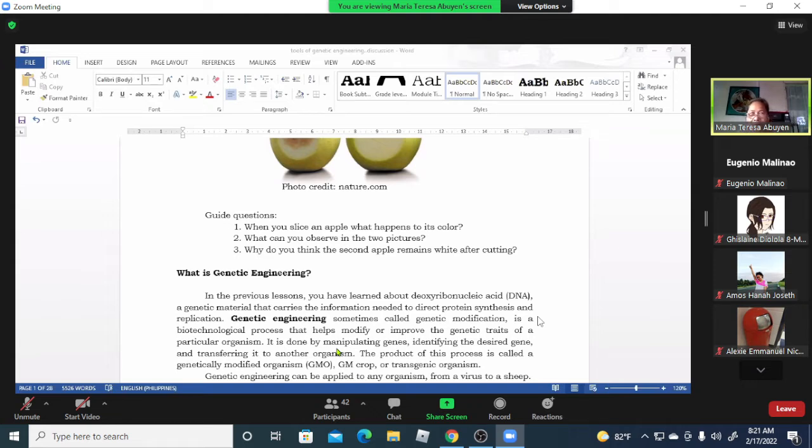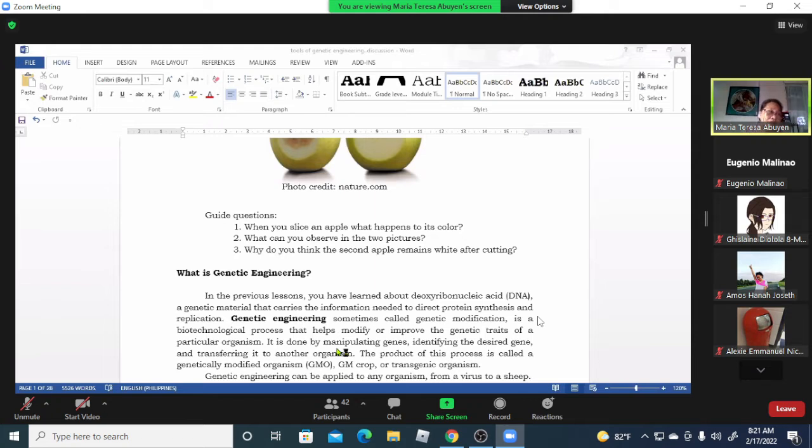Once it is modified, the nucleus or the DNA in that cell will undergo mitosis. When it divides and undergoes mitosis, it will copy the inserted genes, the desired genes that you put into the cell.